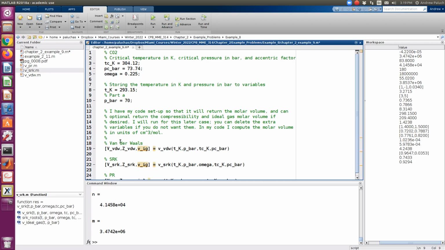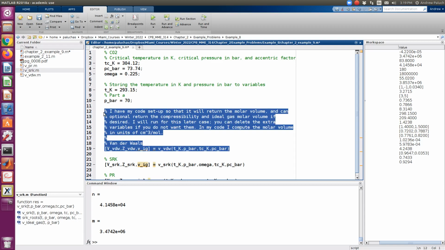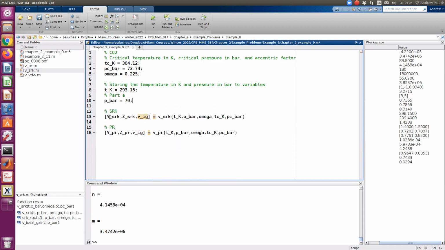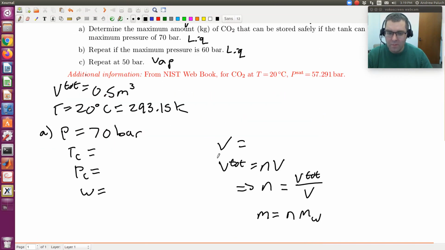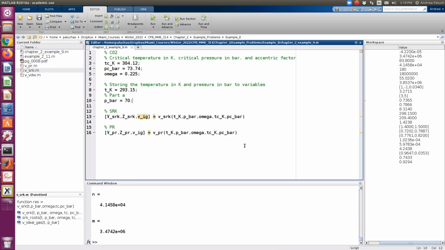Okay, and so then I'm going to delete a bunch of this code because all we need is molar volume, right? So all we need is molar volume using SRK. So I'll delete van der Waals and Peng Robinson. And then I have the code set up so it'll return molar volume, compressibility, and ideal gas molar volume.